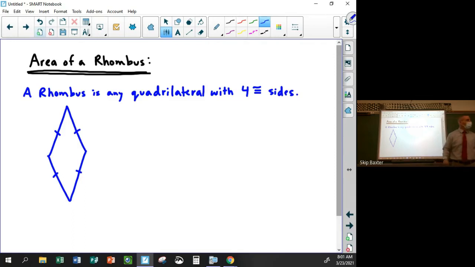Everybody can draw. So there are certain properties of rhombuses. The first thing is obviously 4 congruent sides.